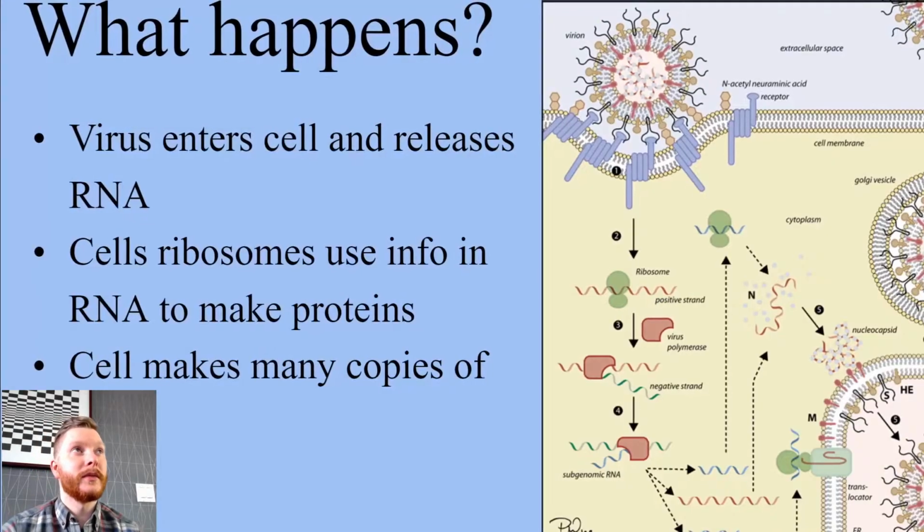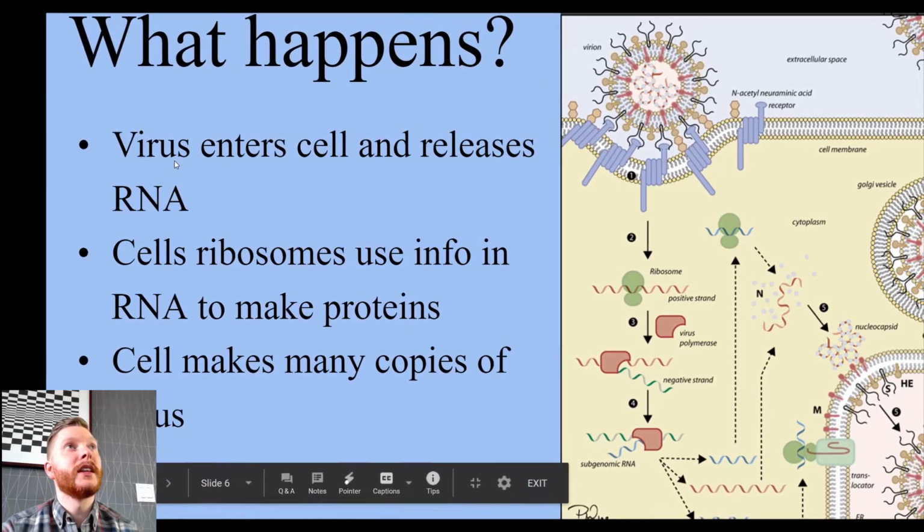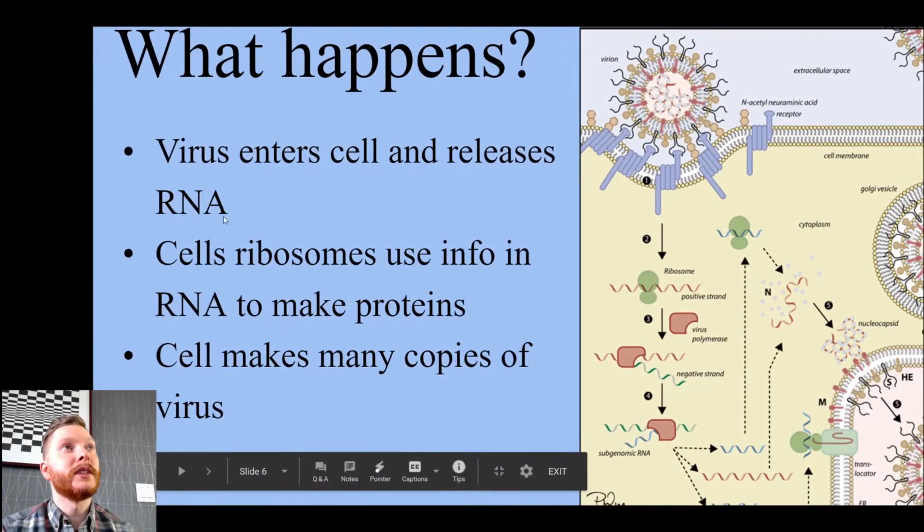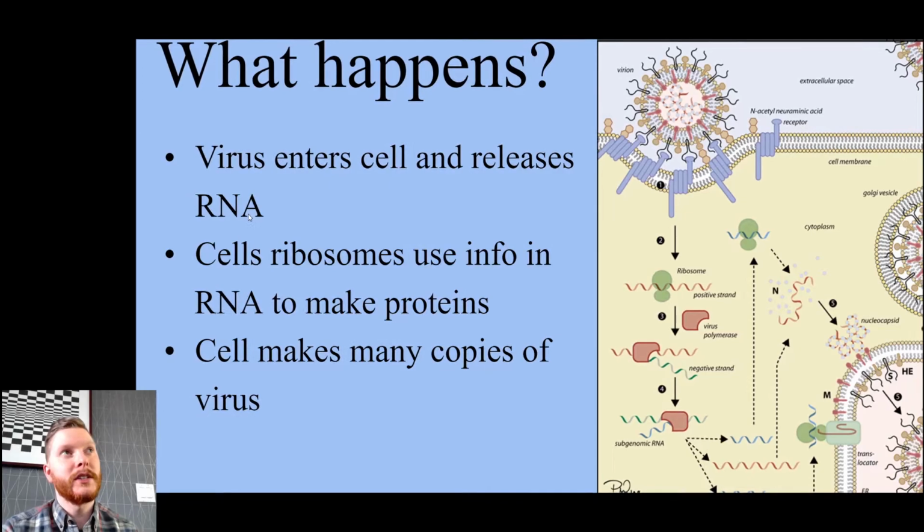Okay, so again, just to reiterate, the virus enters the cell, it's going to release its RNA, so the genetic information. The ribosomes that are in your body are going to use the information on the RNA to make the proteins, so all of this stuff on the outside of the virus.